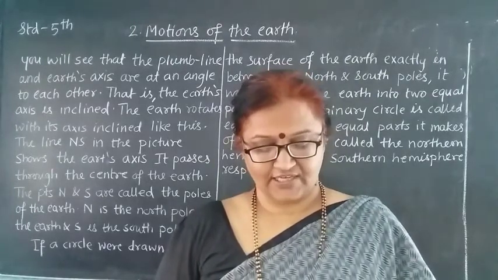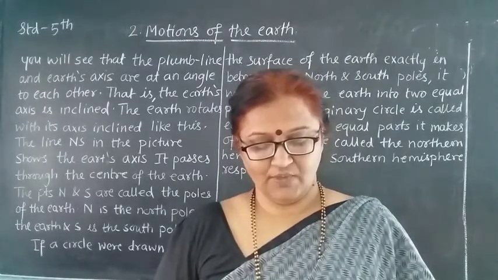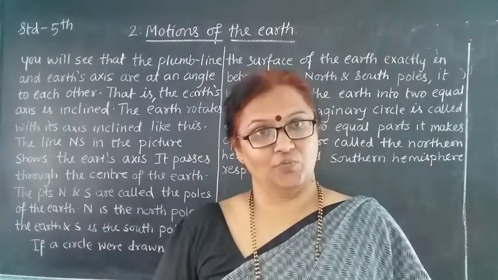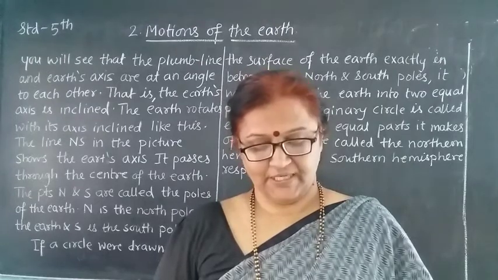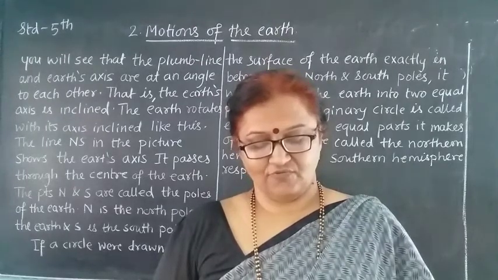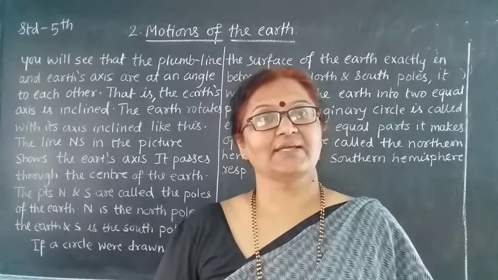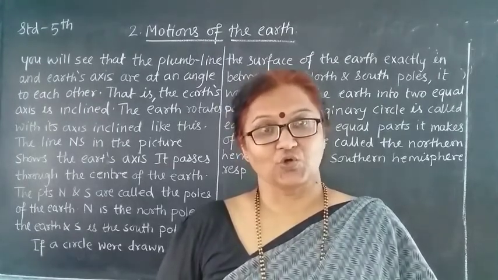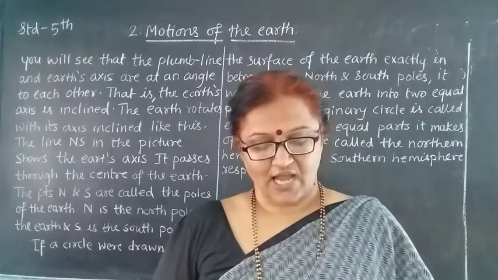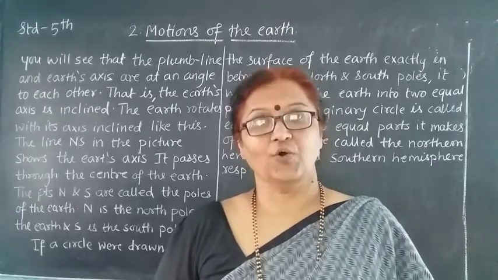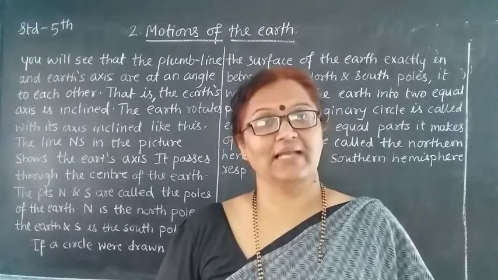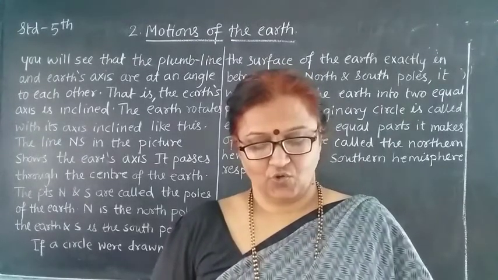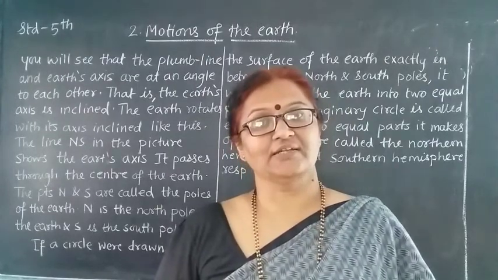Try this. Take a globe like the one in the picture and spin it. Note the line around which it rotates. There is one imaginary line around which the globe is rotating. Now take a plumb line and hold it close to the globe as shown in the picture.